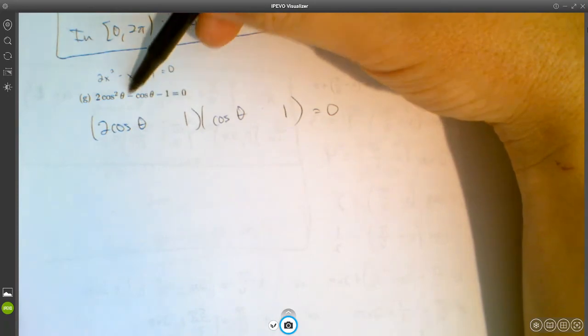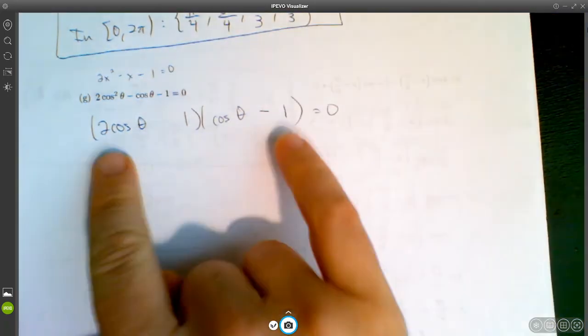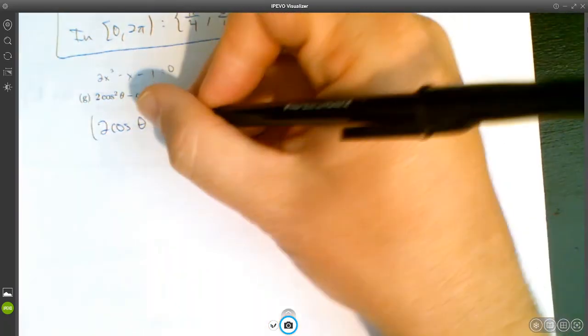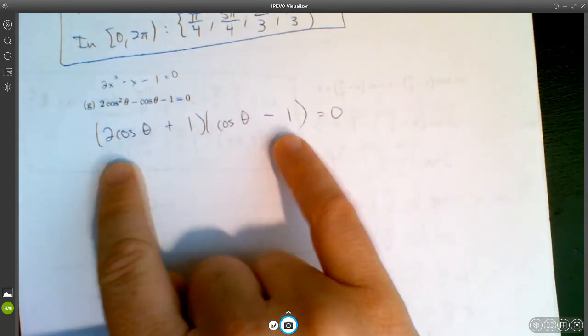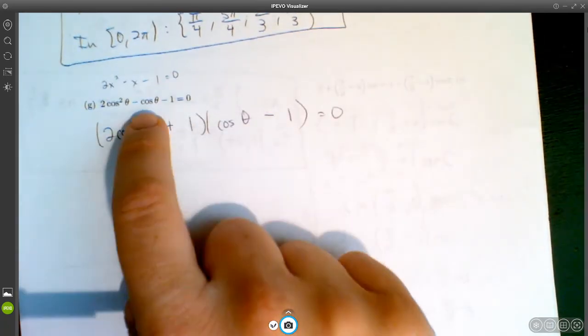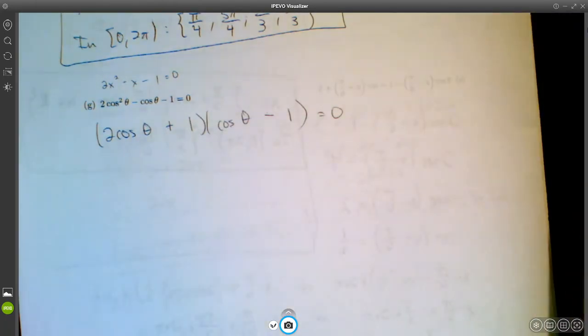Now, we need to get a negative cosine theta. So I'm thinking this one needs to be negative so that we get negative 2 cosine theta, and this one needs to be positive so that we get a positive cosine theta. So that together, the outside and the inside will give us a negative 1 cosine theta. So this factorization does the trick.